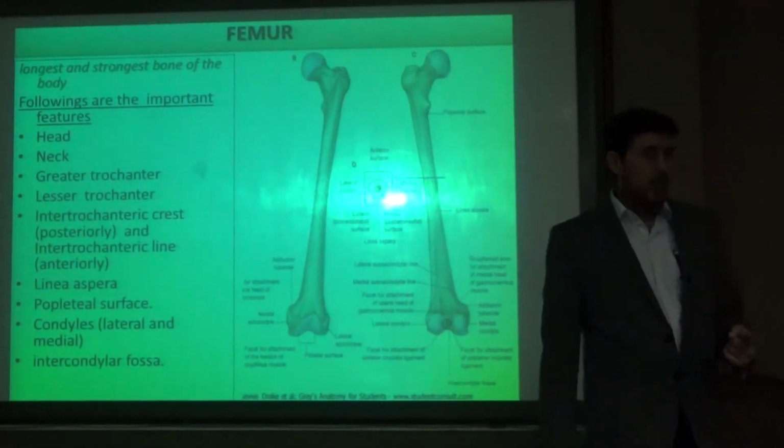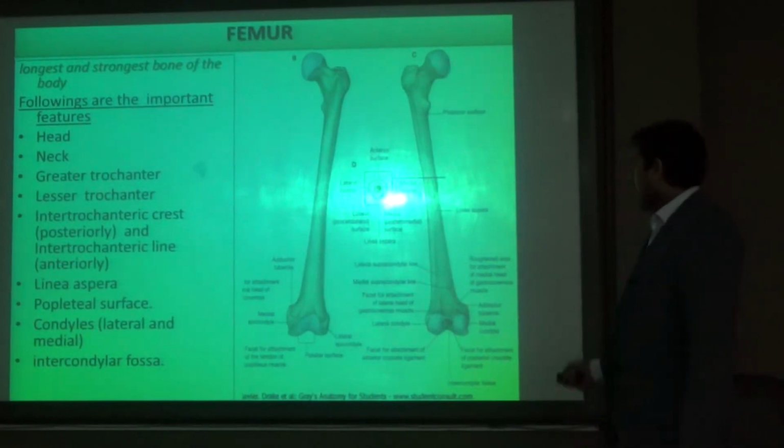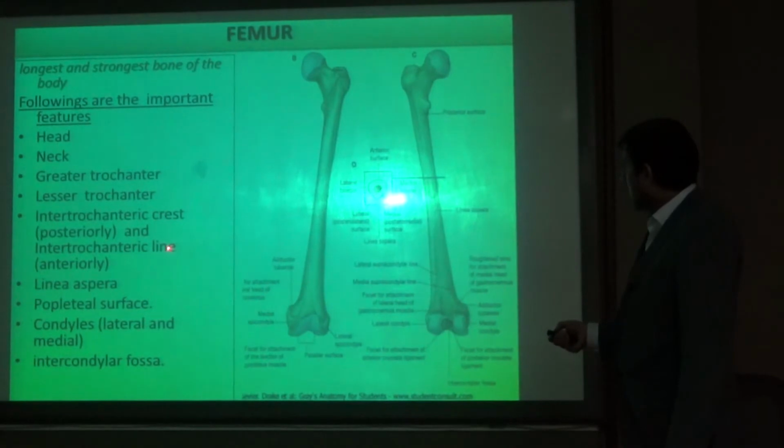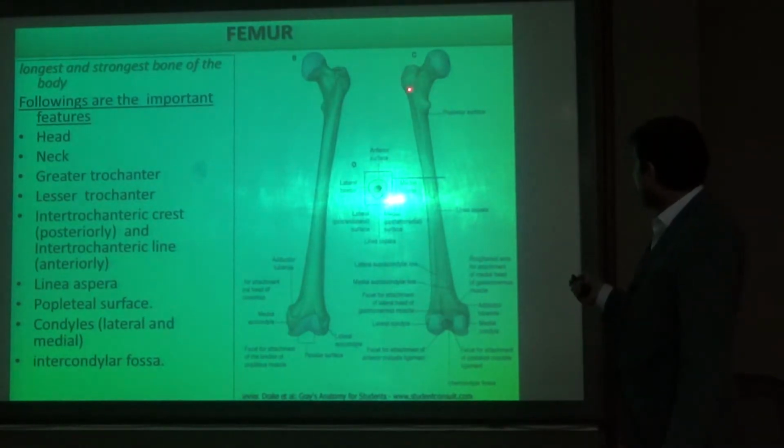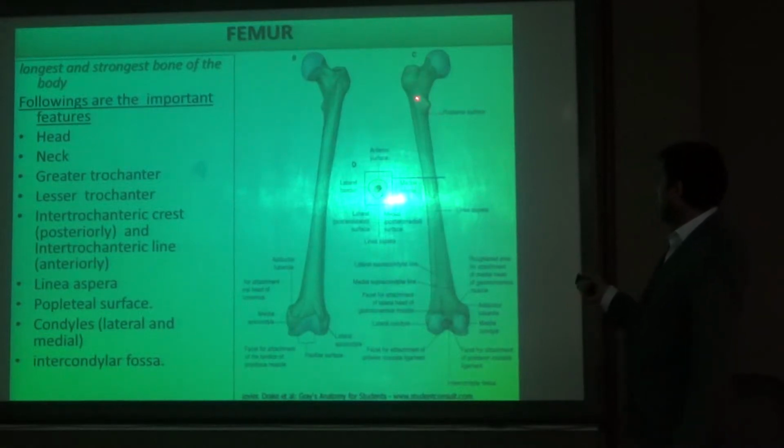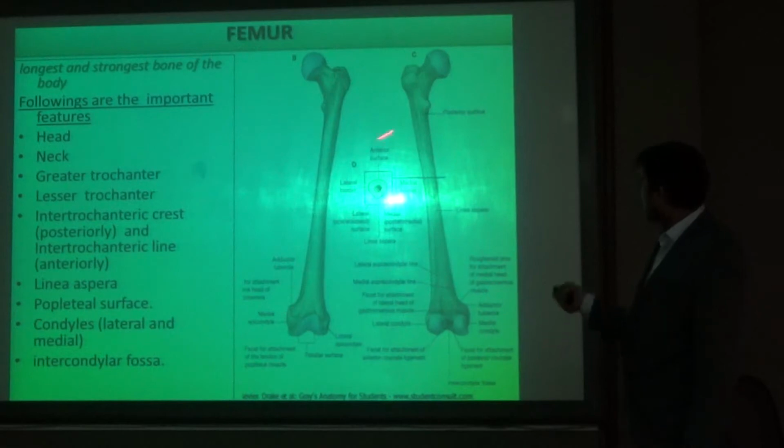There is a crest, intertrochanteric line on the back side, you will find on the front side, sorry, this is the front, and here you will find the crest on the back side. Both are intertrochanteric, between trochanters, here and here. One is front, one is back. Front is line, the back is crest. The initial beginning of the name is the same.